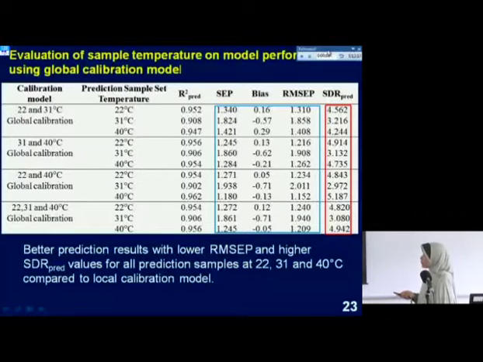And then the performance of the global calibration model was evaluated using prediction sample sets. And then this is the result. The prediction result was very good, with low error of prediction and high standard deviation ratio for all combinations.